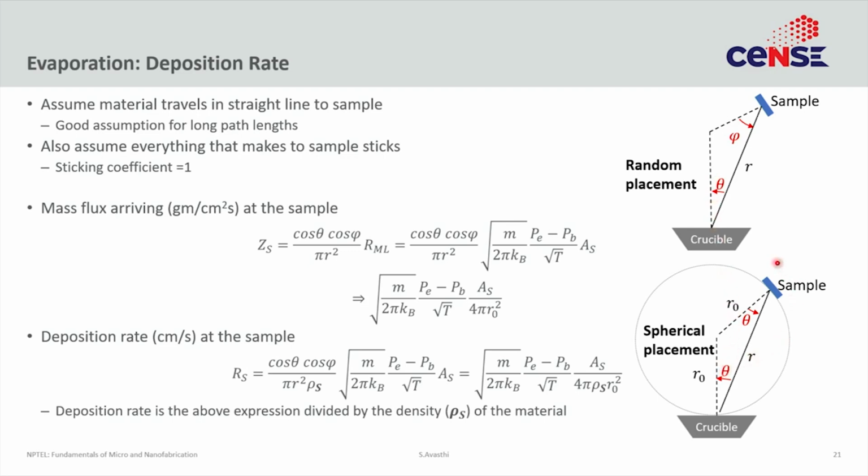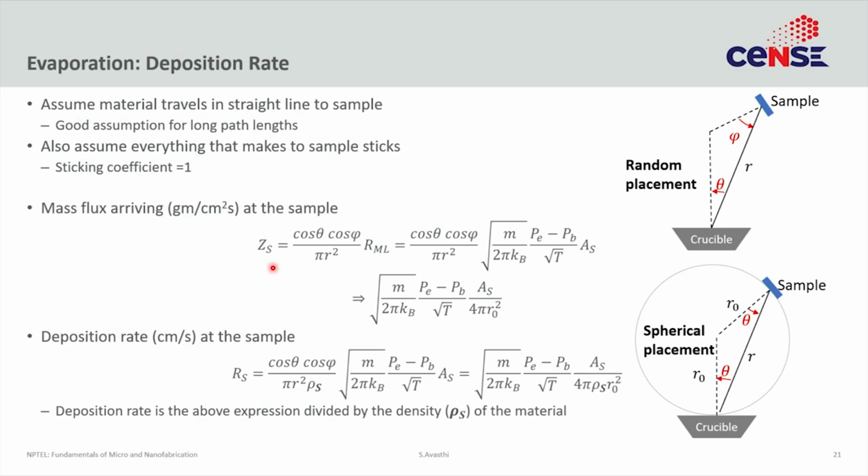In this special case, if you solve this equation, it simplifies to this. This equation is completely independent of theta, it only depends on r naught, which is the same for every sample placed on this imaginary sphere. Any sample placed on this imaginary sphere will get exactly the same Zs independent of theta.